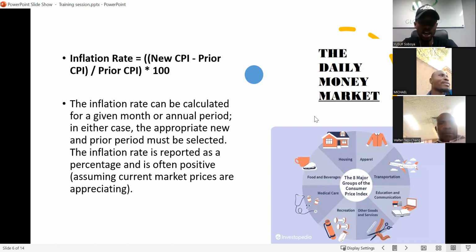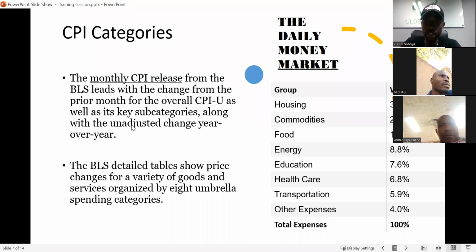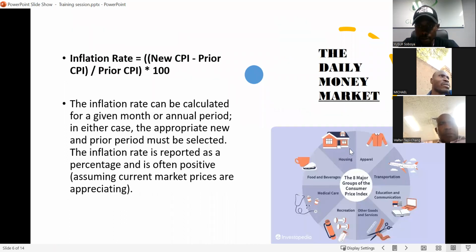So I have a small diagram, a small picture there that we can see. You can see the 8 major groups of the consumer price index. So these are the 8 major groups that contribute to the calculation of the consumer price index.